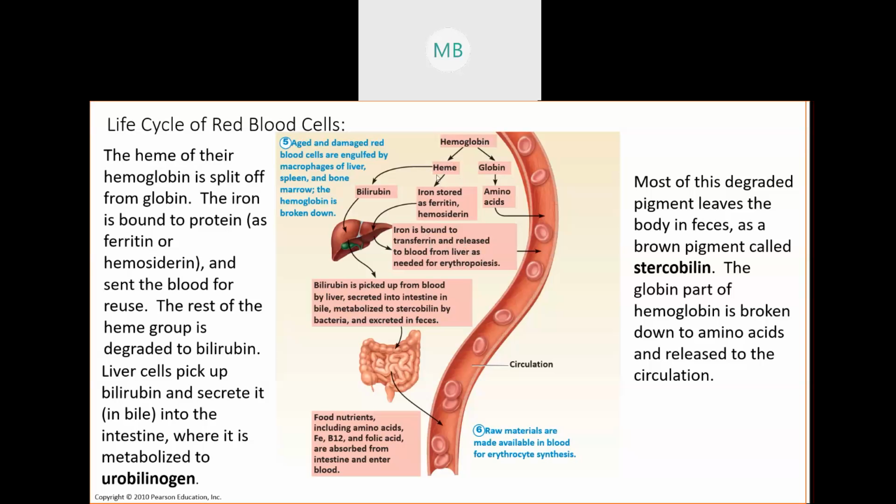And any waste byproduct from removing the iron and these other helpful parts from the heme groups ends up being put into the bile that your digestive system releases as a chemical called bilirubin. Bilirubin is a yellowish-brownish sort of protein complex, and it is the waste byproduct from these dead red blood cells. Your liver then releases the bilirubin in its bile into your digestive system.